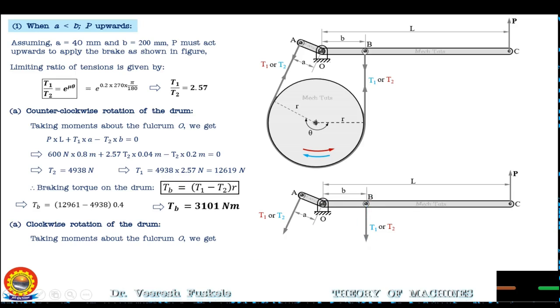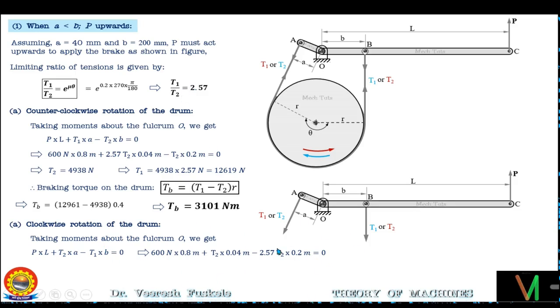So writing the moment equation, P into L plus T2 into A minus T1 into B is equal to 0. Now putting the values of various parameters, we have P is 600 Newton, L is 0.8, A is again 0.04 and T1 we will keep as 2.57 into T2 from here and B is 0.2 meters.